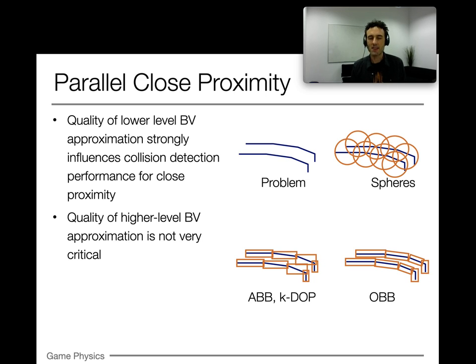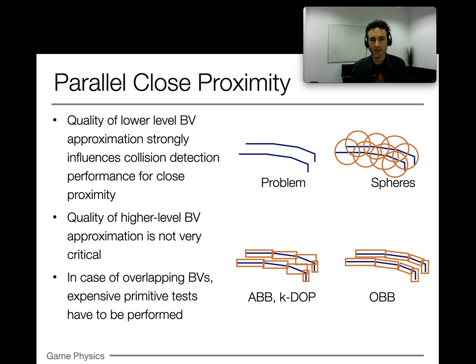Luckily for the hierarchies, these are basically orders fewer. And what should be avoided, if somehow possible, is that at the lower levels we actually have these overlapping bounding volumes. Those would really cause work for the narrow phase.